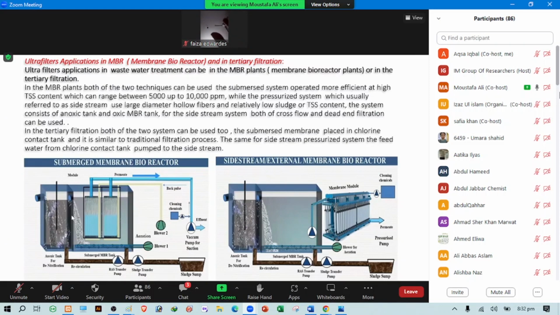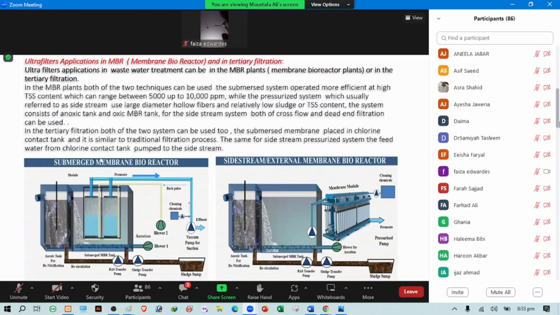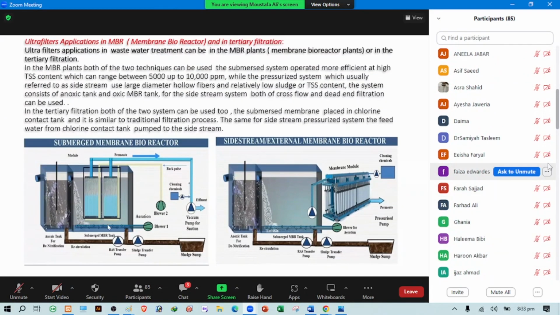So instead of, for example, extended aeration, which takes around 16 to 20 hours, we have other techniques which can do it in just 3-4 hours or even less.